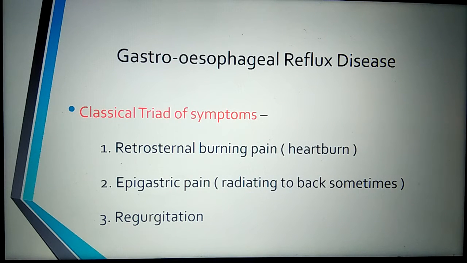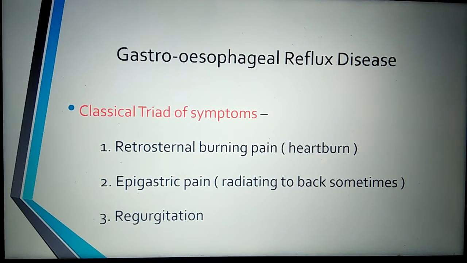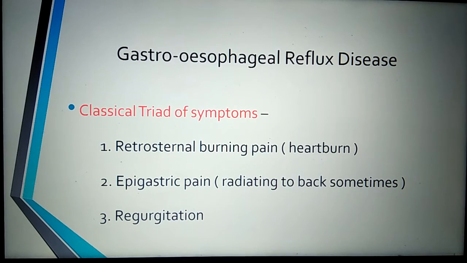Sometimes all three may not be there simultaneously, but the classical triad is defined as the presence of retrosternal burning pain, also known as heartburn, epigastric pain radiating to the back sometimes, and regurgitation. These three things are important. Retrosternal burning pain, epigastric pain, and regurgitation: this is the classical triad of gastroesophageal reflux disease.